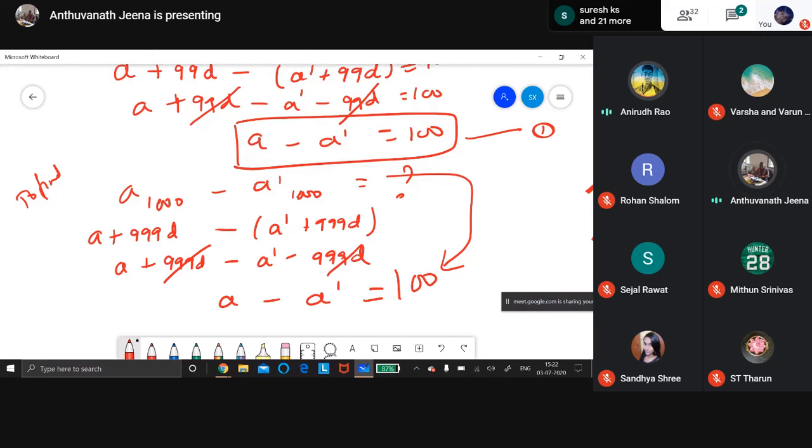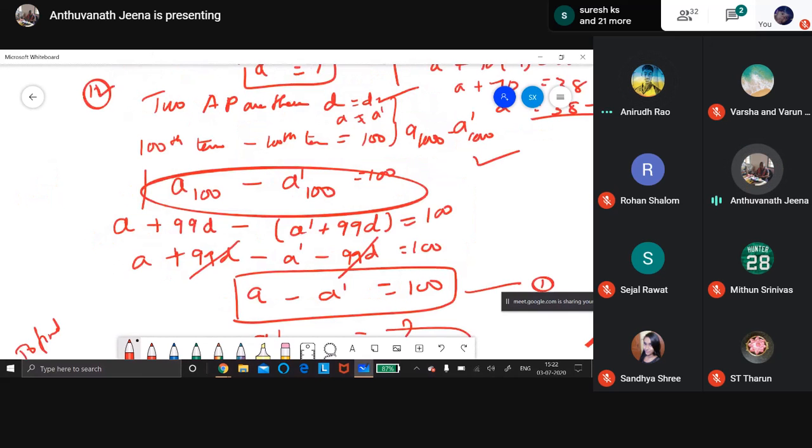I'll repeat, listen carefully. There are two APs. The common difference is the same, but the first term is different, so I'm using A dash, and the same D. The difference between the 100th terms is 100, which is given in the question.